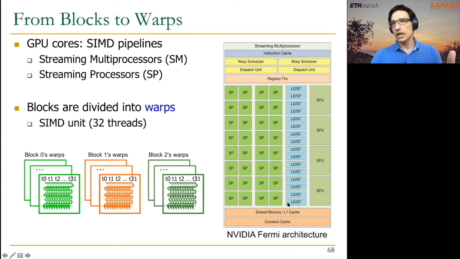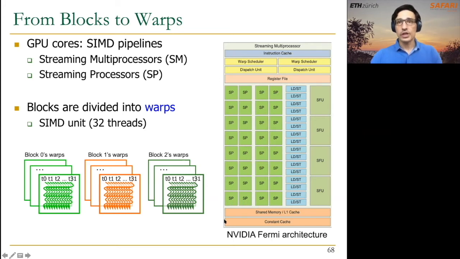For example, these are for load and store operations, and these SFU, meaning special function units, are execution units for some more specialized operations, like, for example, trigonometric functions like sine, cosine, and so on. As you can see, we also have the register file. We need to read the operands from there.